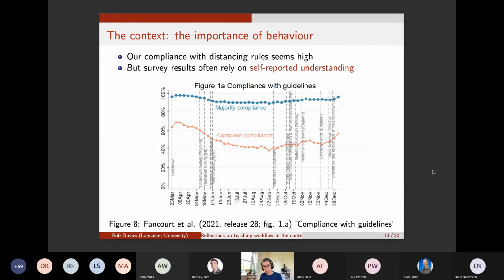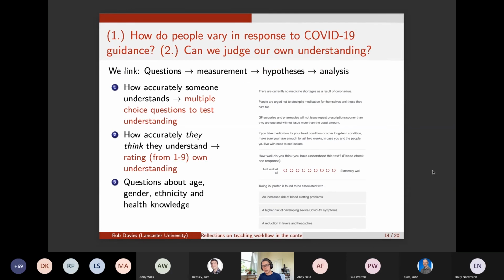Back in June 2020, you may remember, there was survey research suggesting that young males were not really paying attention, or not really showing good understanding of compliance with behavioral distancing guidelines. My question was, this is self-reported understanding, but does that actually marry up with actual understanding?